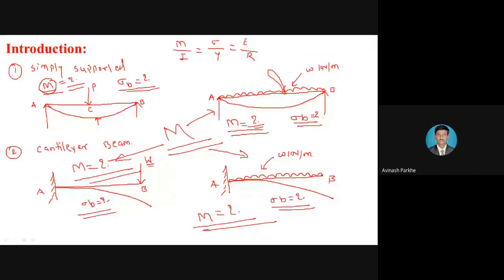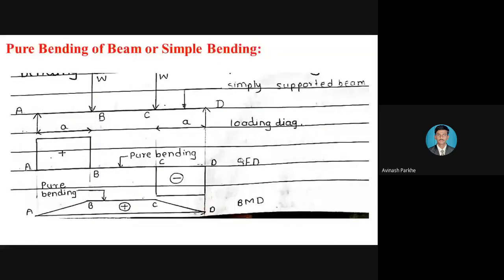Now we'll discuss about the pure bending of the beam. Why this particular concept we have to consider pure bending of that particular beam, or it is also called as a simple bending. What is meant by the pure bending? First of all, I will give the simple definition for the pure bending of the beam.